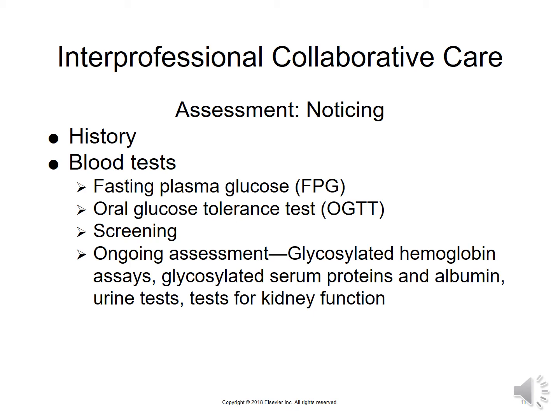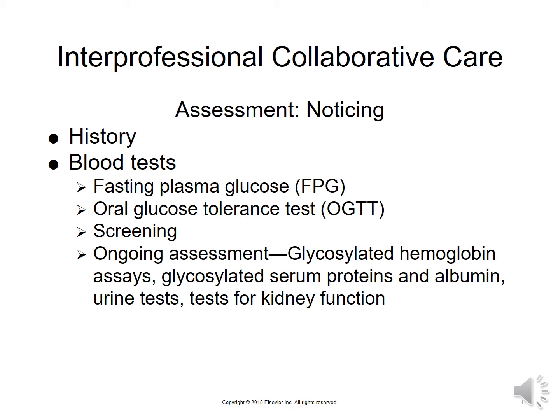Okay, because hemoglobin is carried on red blood cells, this goes along with the life cycle of the red blood cell. So it gives you an average over the last 3 months because the life cycle of the red blood cell is 120 days.